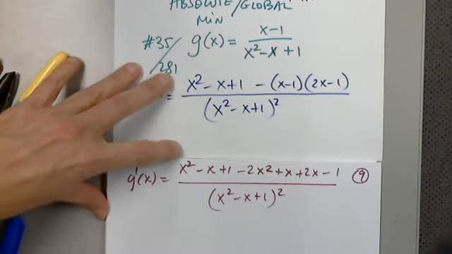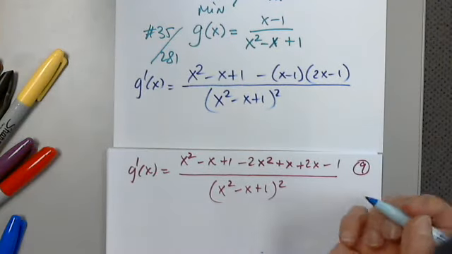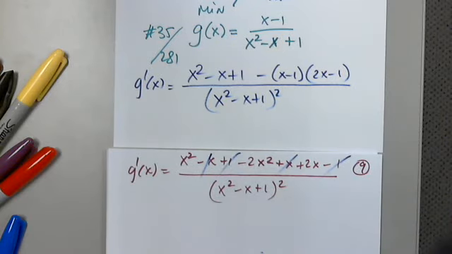What follows next? Yes, so the positive x with the negative x and the negative 1 with the positive 1. So negative x squared, very good, plus 2x divided by x squared minus x plus 1 squared.